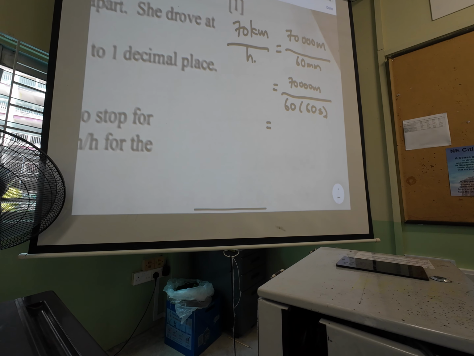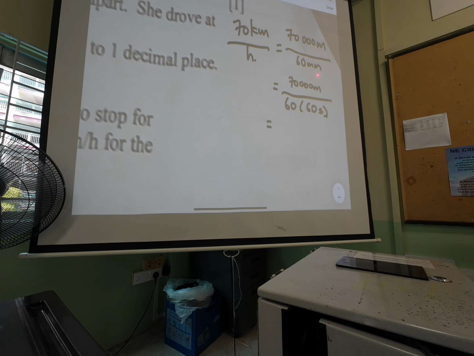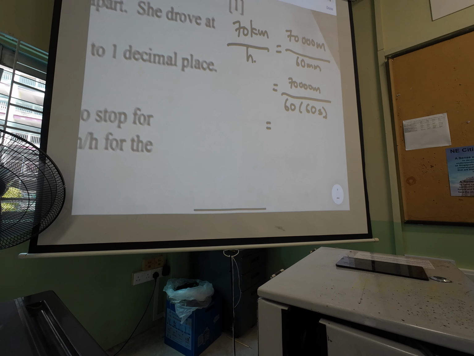Then we have managed to convert kilometer to meter. We have managed to convert hour into seconds. Every 1 hour is 60 minutes, then every 1 minute is 60 seconds. Every kilometer is 1000. That's why 70 kilometer I times 1000 to get 70,000 meters.